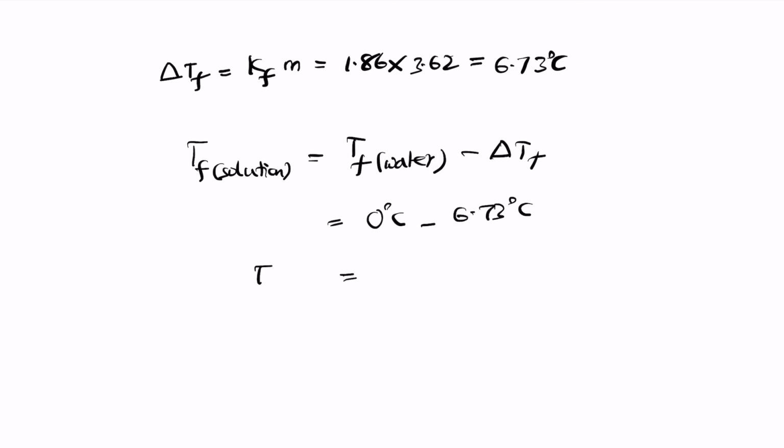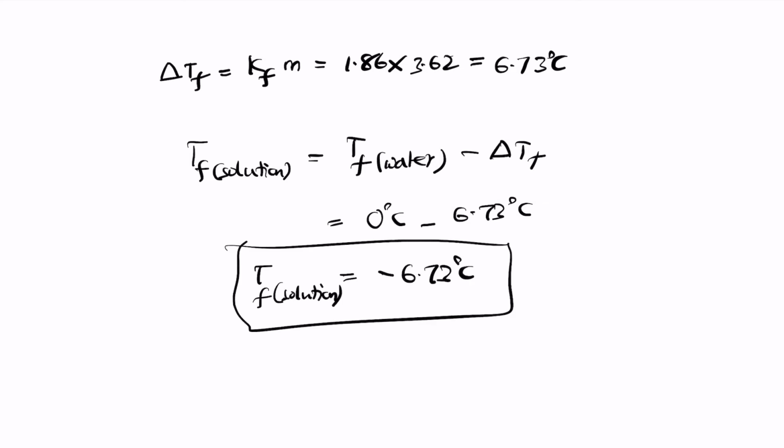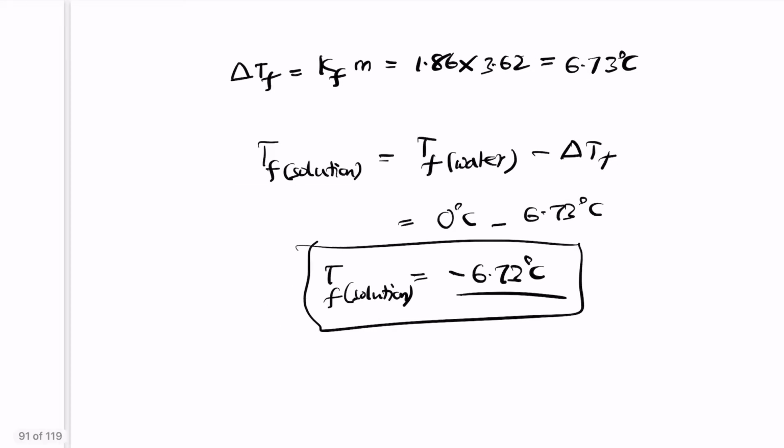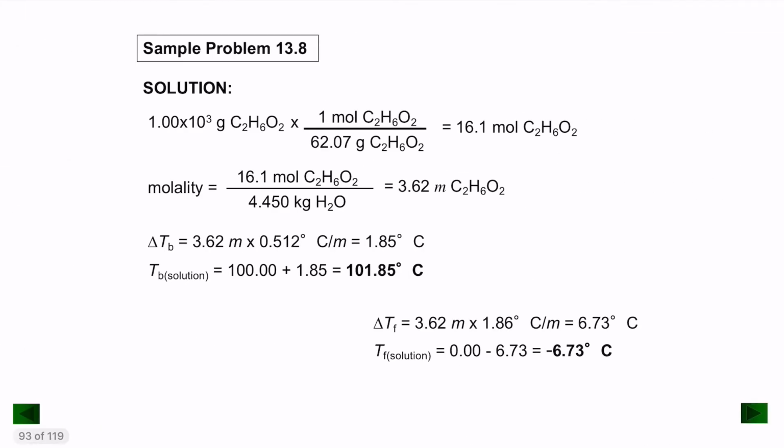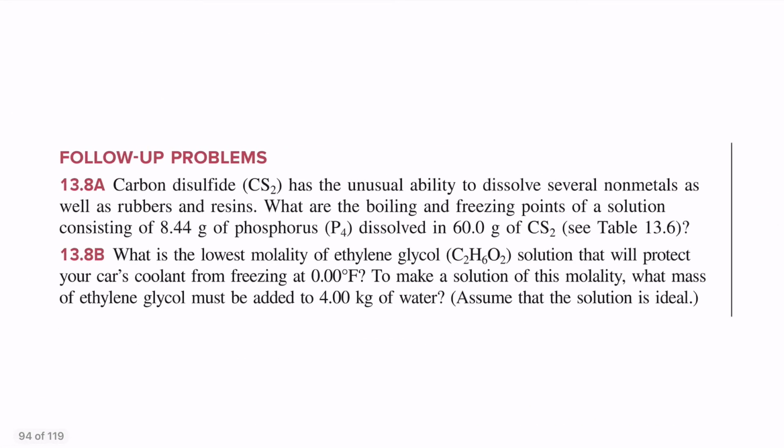So the final solution's freezing point is minus 6.73 degrees centigrade. By adding 1 kg of ethylene glycol, we are reducing the freezing point to minus 6.73 and elevating the boiling point to 101.85. This is how you can calculate the values. Use the same principle now. Pause the video right here and try to solve this problem.